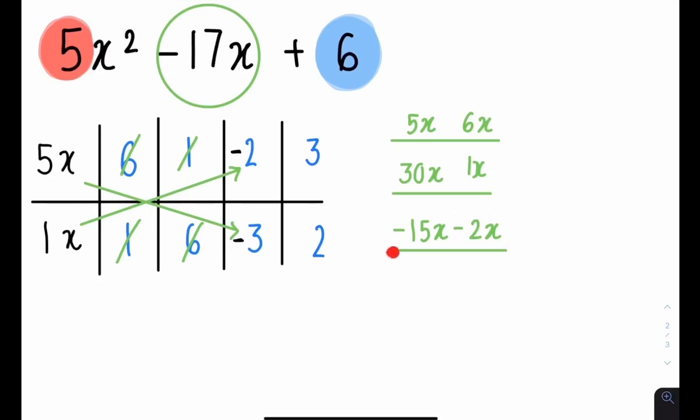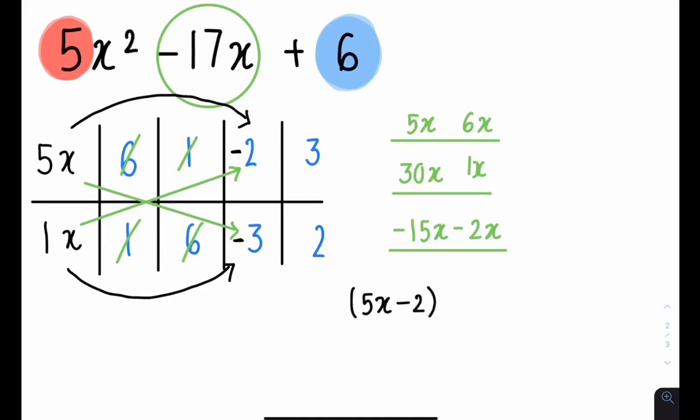And minus 15x minus 2x gives you minus 17x. Now, all you have to do is write your double brackets as 5x minus 2 and 1x minus 3. So we have 5x minus 2 and 1x, which is the same as x, minus 3. And this is your final answer.